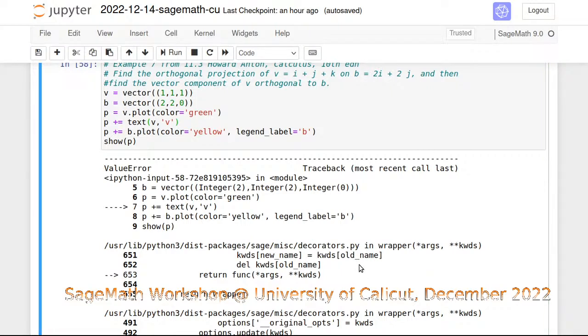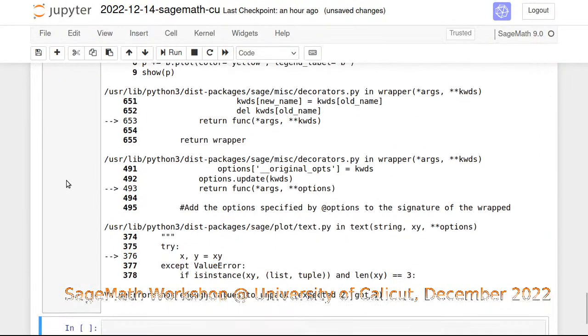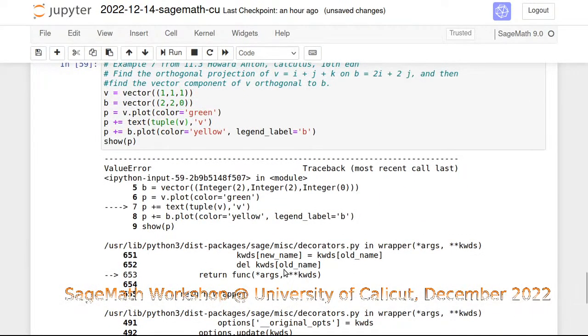Okay, text coordinates we have to give and the value we are supposed to give. Let us convert this into a list or tuple, and V, coordinates. Okay, let us just give 1, 1, 1 itself and see.